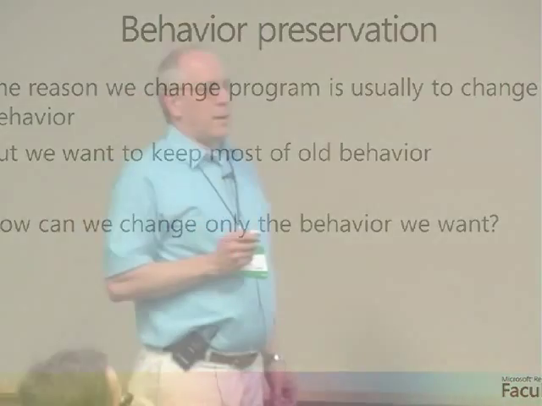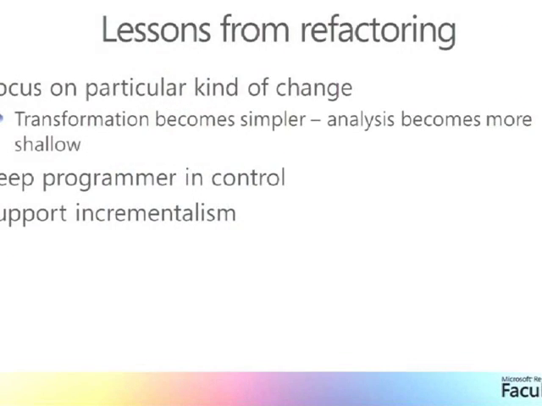So we've made a big deal about behavior preservation because, in fact, programmers do want to have confidence in the tools. But often the kind of changes we want to make are not about preserving behavior. I think what's more important is being able to say what we want to change, what we don't want to change, having an idea of that.